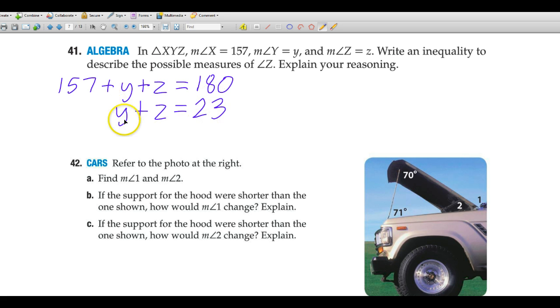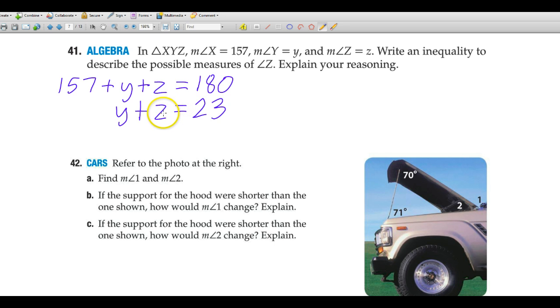So let's talk about this equation and what z is equal to. If z is equal to 23, then that would mean that y is equal to 0, which is impossible. If z is greater than 23, then that means that we would have a sum greater than 180, which is also not a triangle.